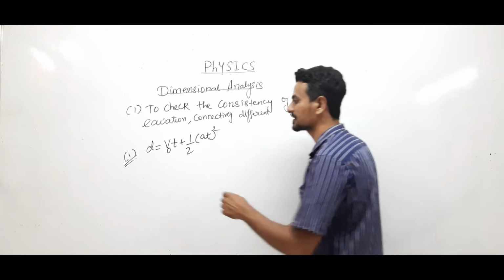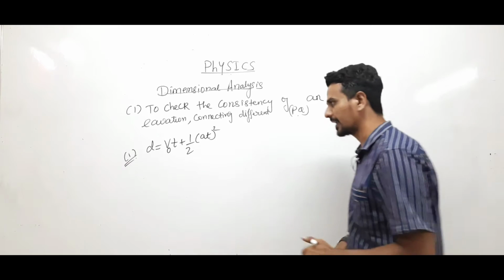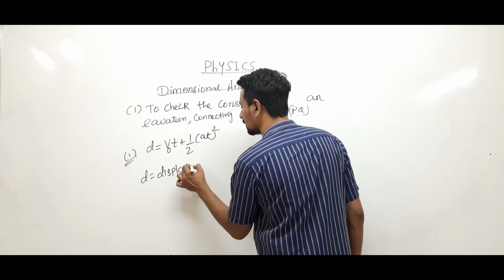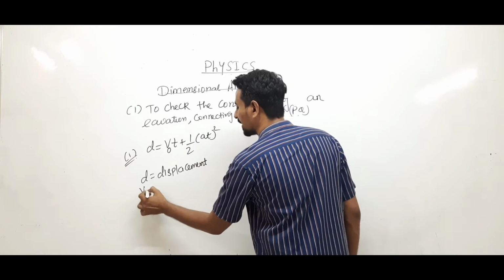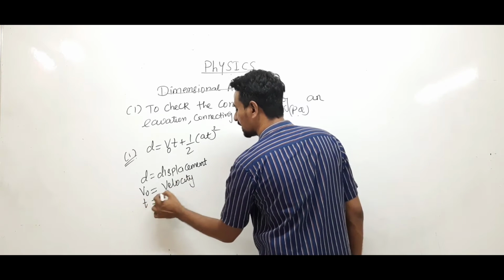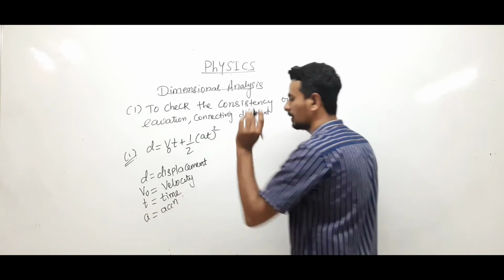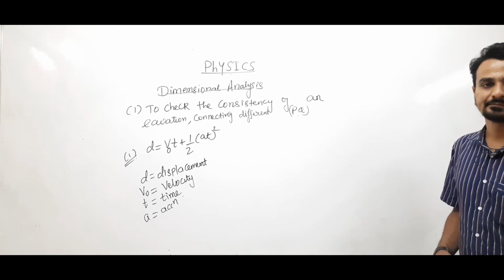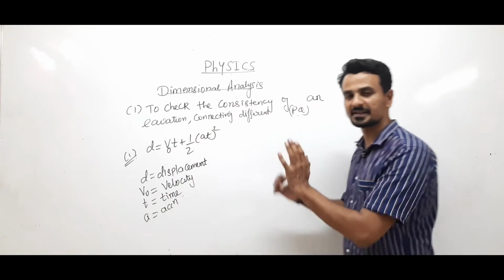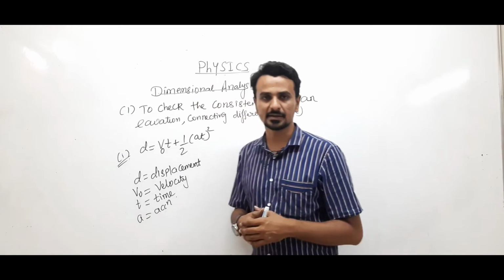You have been given the equation d equals v0t plus half at the whole square, where d represents displacement, v0 represents initial velocity, t represents time, and a represents acceleration. Okay, fine. So we have to check whether the given equation is correct or incorrect.